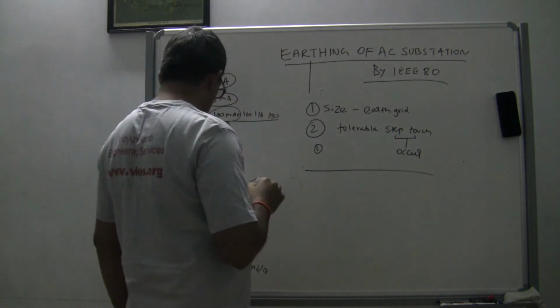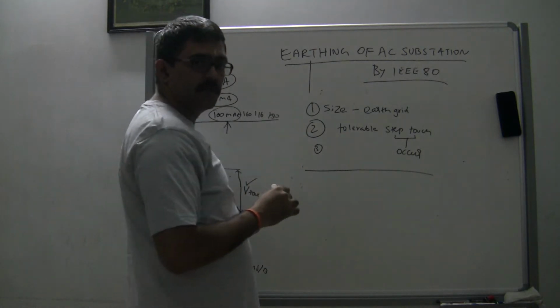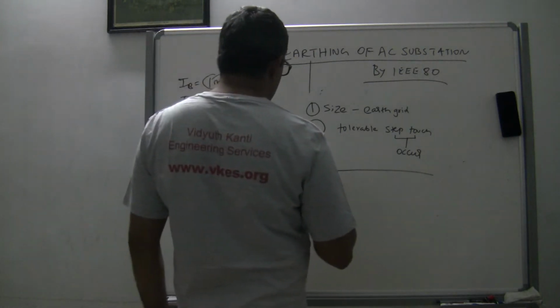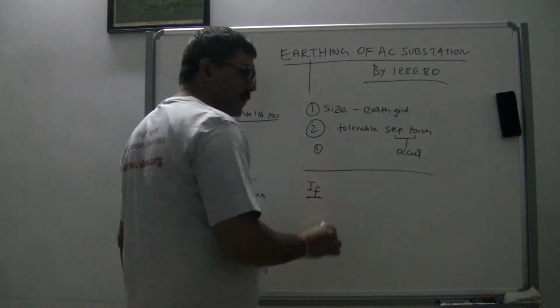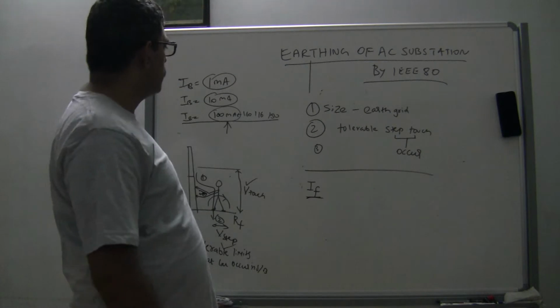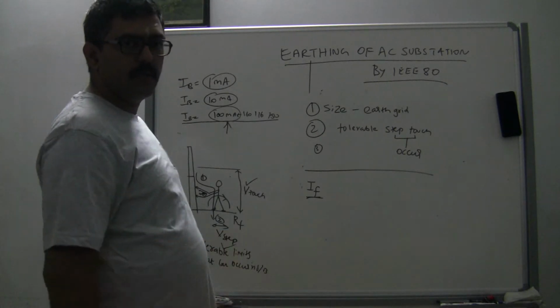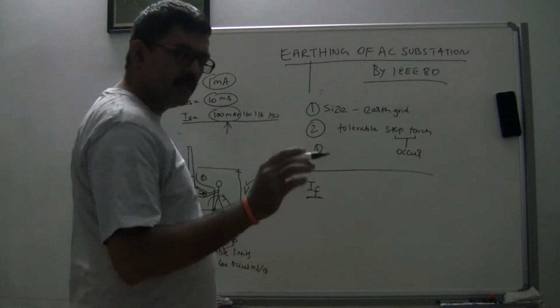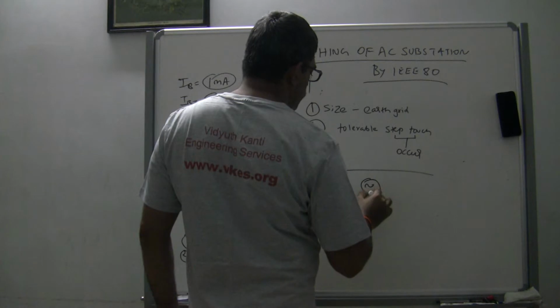How do we do the sizing of the earth grid? First, we have to determine the fault current. Determination of the fault current is a separate topic that will not be covered here, but I'll tell you very briefly.